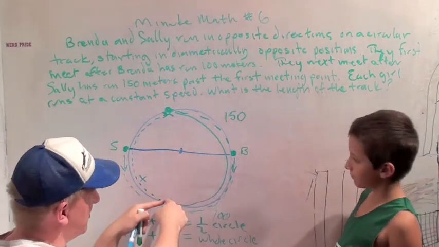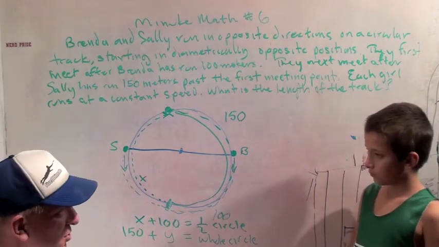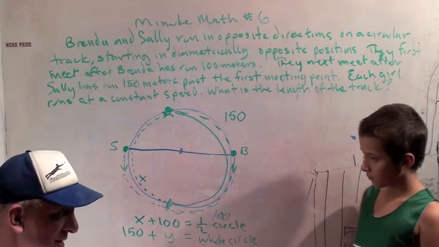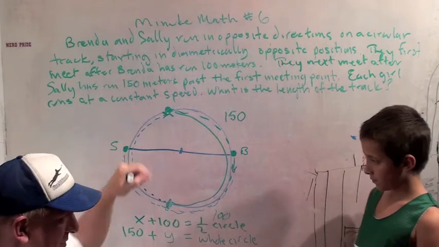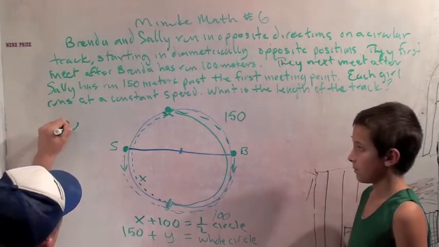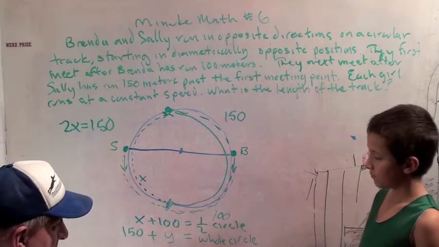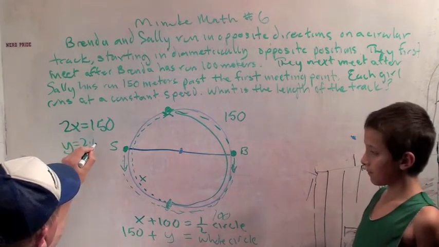First time they ran half the circle, the second time they ran the whole circle. So that must mean that each one of them ran twice as much the second time. Does that make sense? Because the first time they ran half the circle, the second time the whole circle, so 2x equals 150. And in this case, y equals 2 times 100.